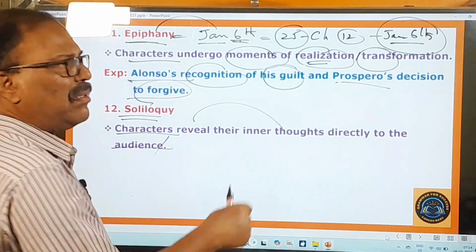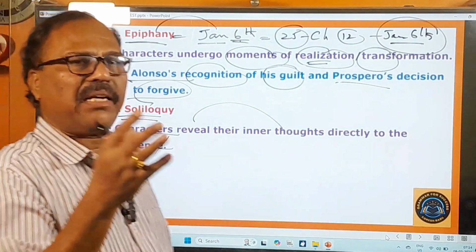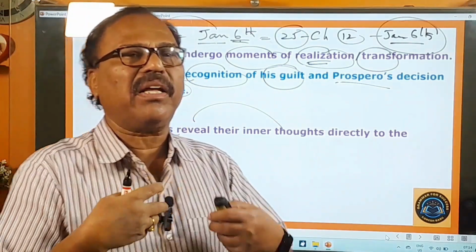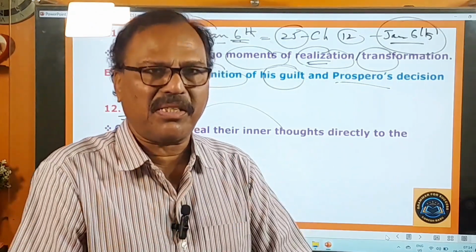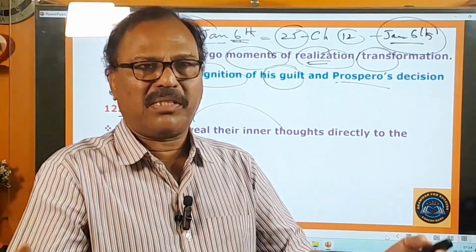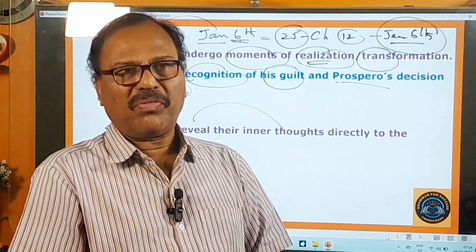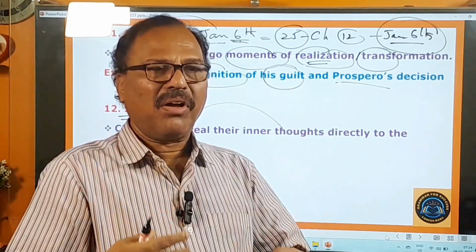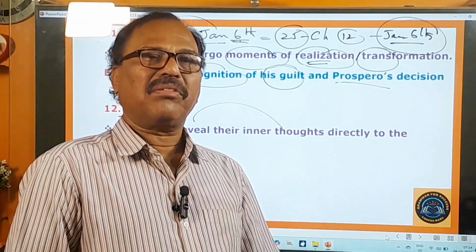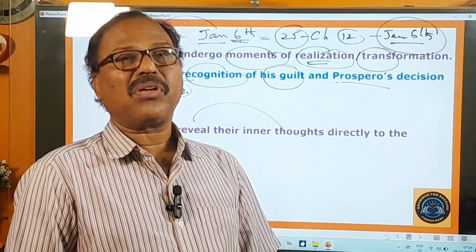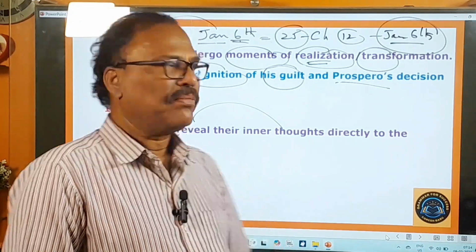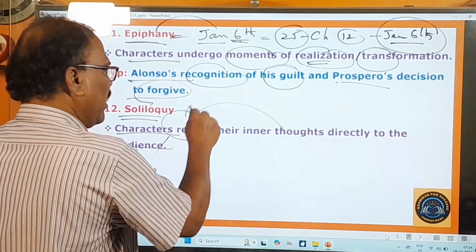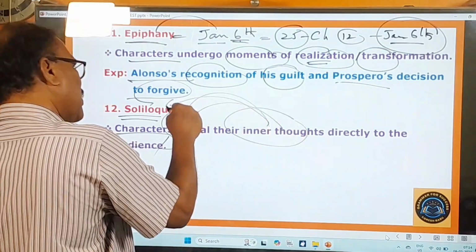So generally on the stage what happens, the characters will reveal their inner thoughts, inner feelings, okay, to the audience. That is called soliloquy. తమ మనసులోని మాటను, తమ మనసులోని భావాలను, ఆలోచనలను అక్కడ కూర్చున్నటువంటి ఆడియన్స్ కు చెప్పడమే, దట్ ఈస్ కాల్డ్ soliloquy. Revealing their inner thoughts, that is called soliloquy.